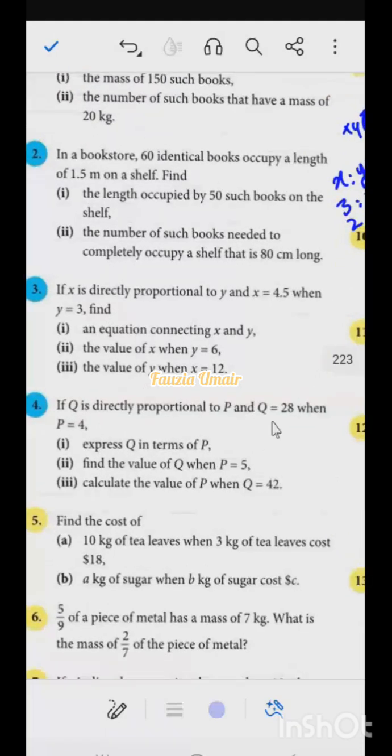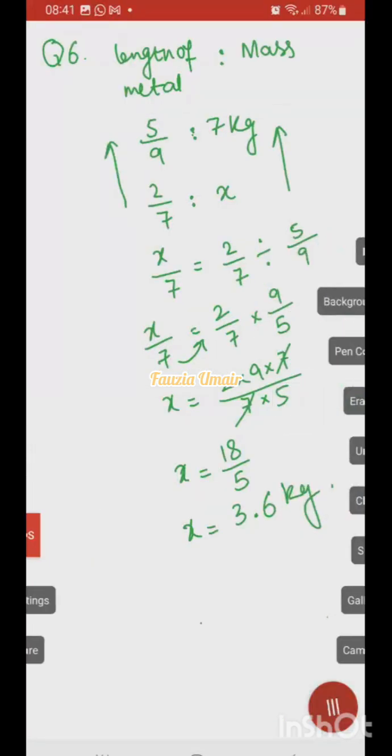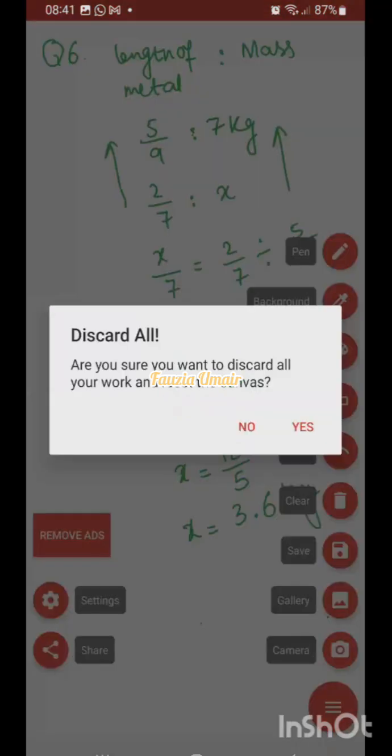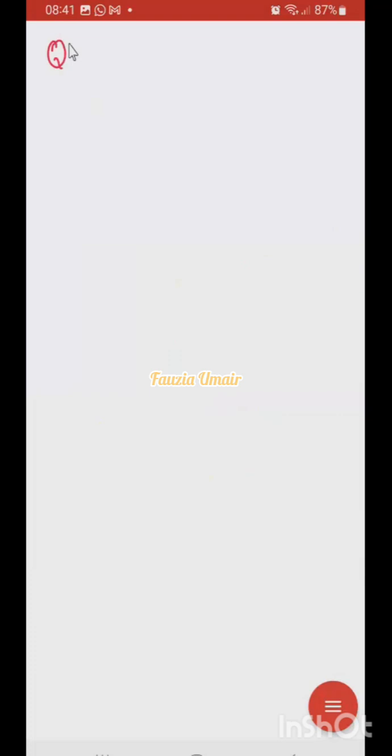X is directly proportional to y and x is 4.5 when y is equal to 3. So we are going to do question number 3. X is directly proportional to y.